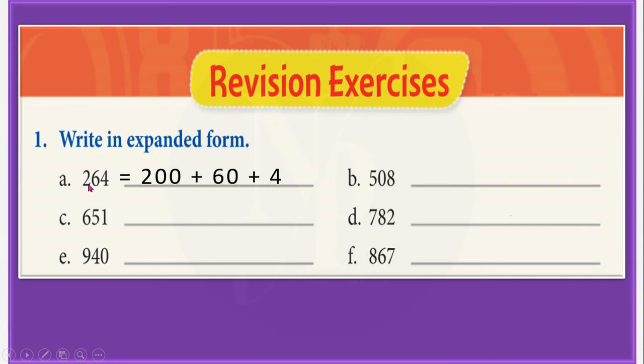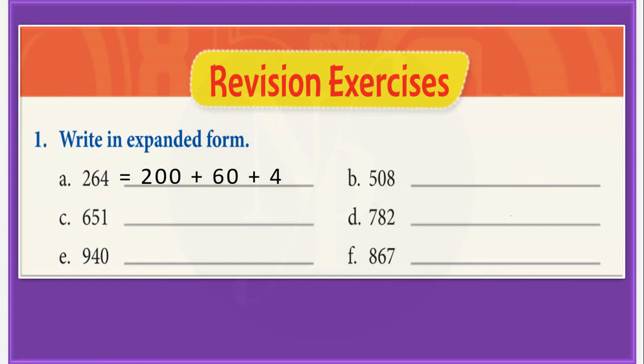The place value of 2 is 200, place value of 6 is 60, and the place value of 4 is 4. So if we write the given number in the form of sum of the place values of each digit, we will get the expanded form.